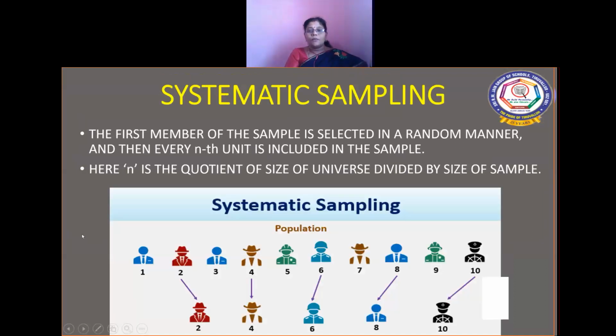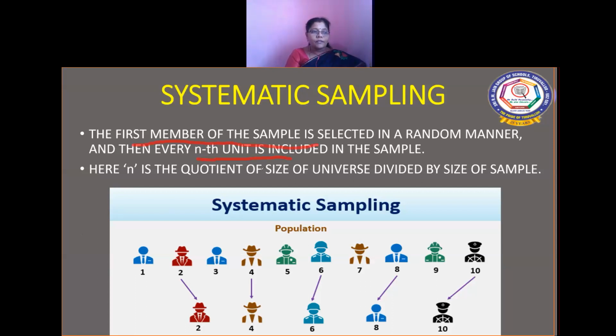The third one is systematic random sampling. In this, the first member of the sample is selected. We are going to fix the number, and then every nth unit we are going to include in the sample.